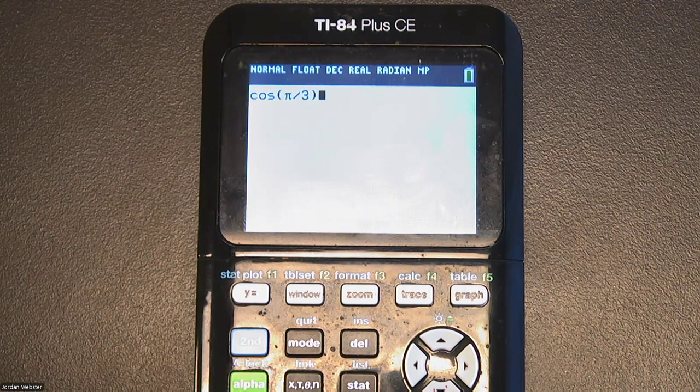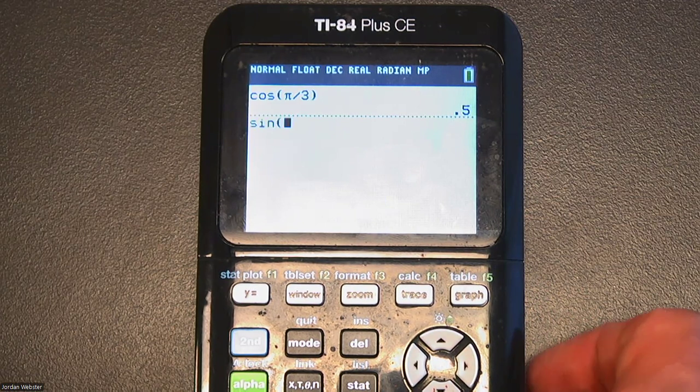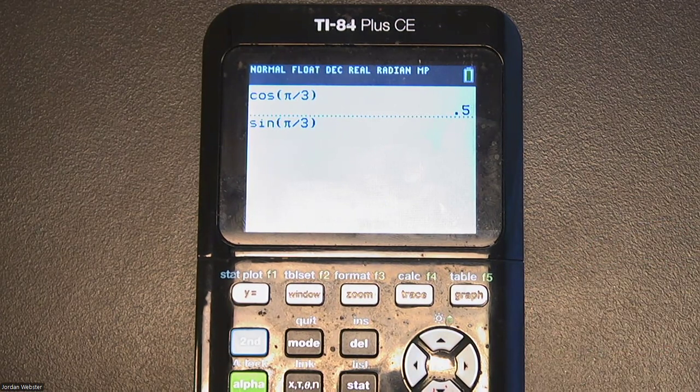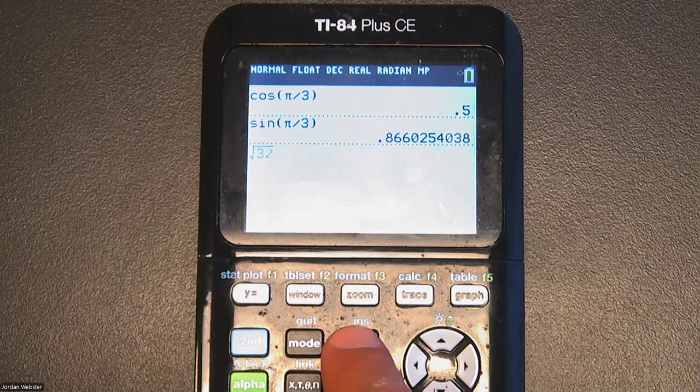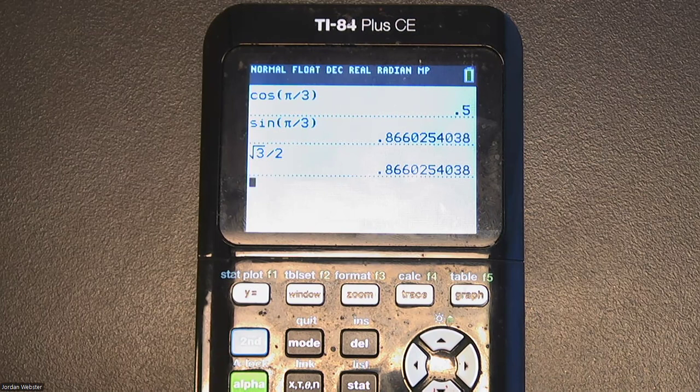This should be giving me 1/2, which it does. And then if I take sine of pi/3, this should be giving me square root of 3/2. And that is the decimal version of square root of 3 divided by 2. Okay.